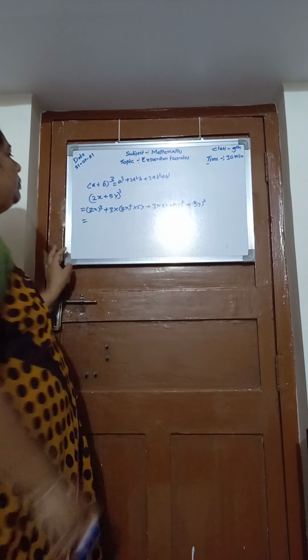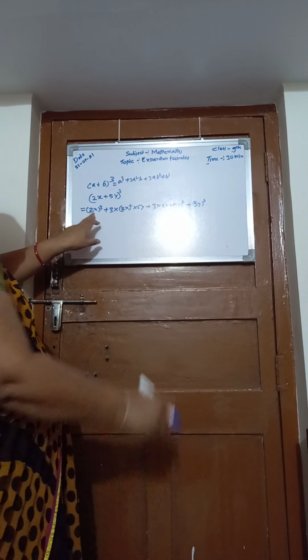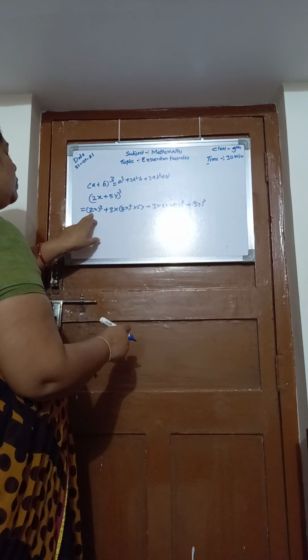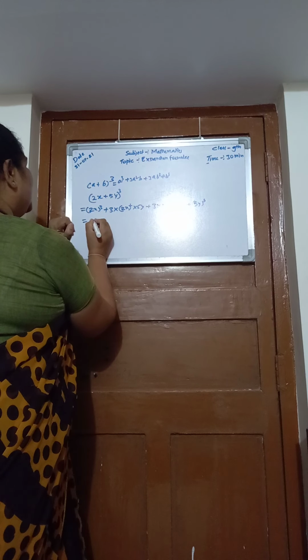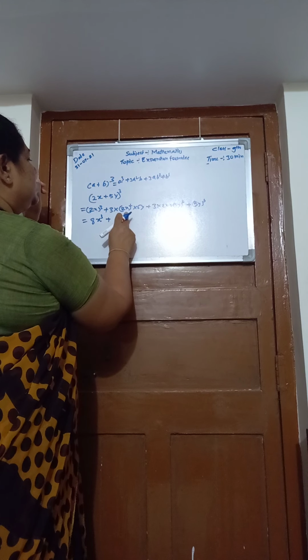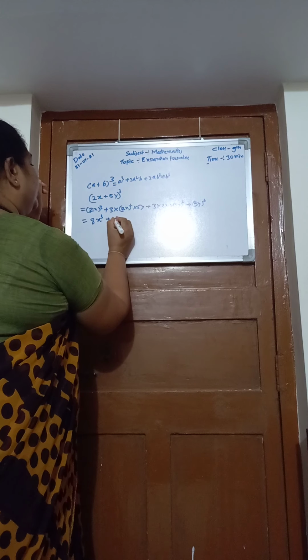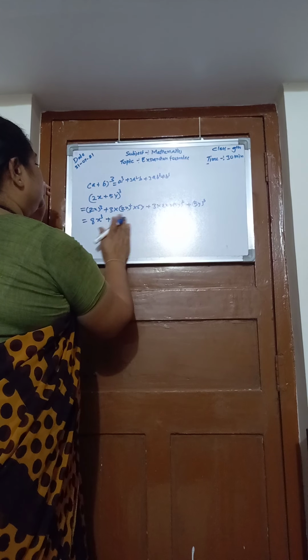You know cube, (2x) cube, we have to calculate. Therefore, we can take first number 2 cube. 2 cube means 2 into 2 into 2, that is 8. Cube of 2 is 8, x cube. Okay, it is wrong.